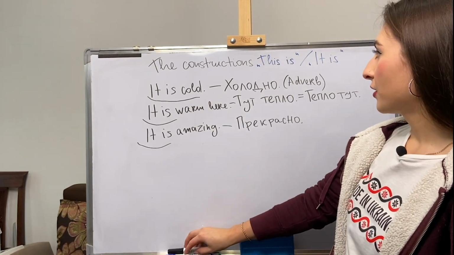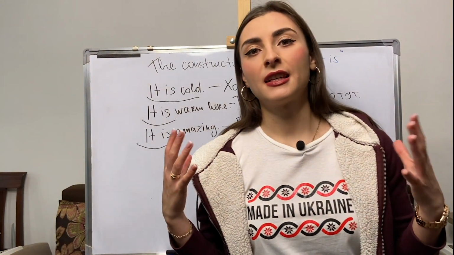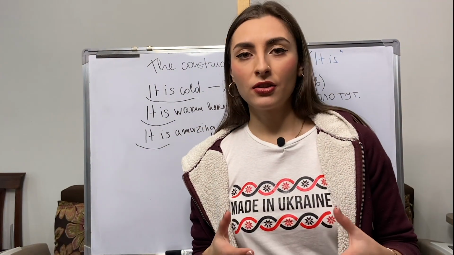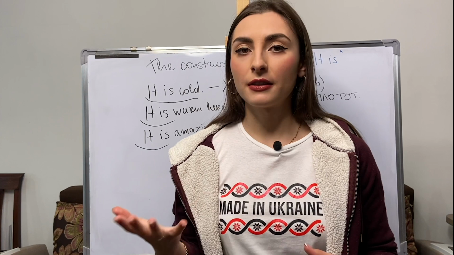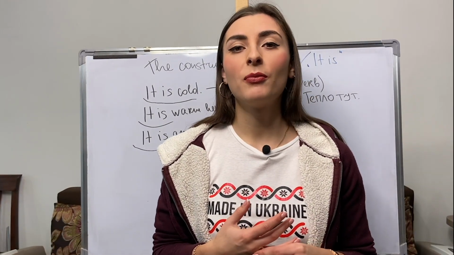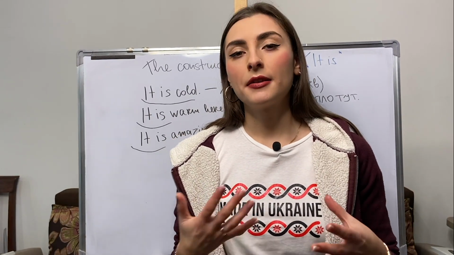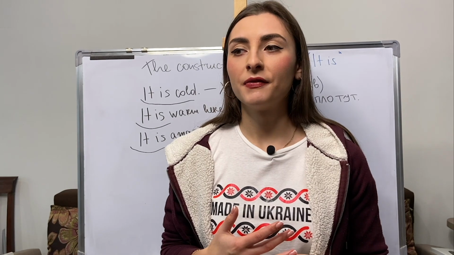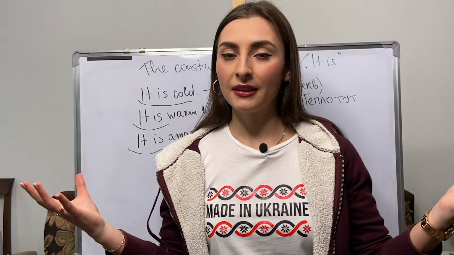That's it. So you can see, let's sum up. In English, there are two constructions, "this is" and "it is". In Ukrainian, we just translate them with the help of the pronoun це. And it doesn't matter where the thing or person is located, we just use це in Ukrainian language.